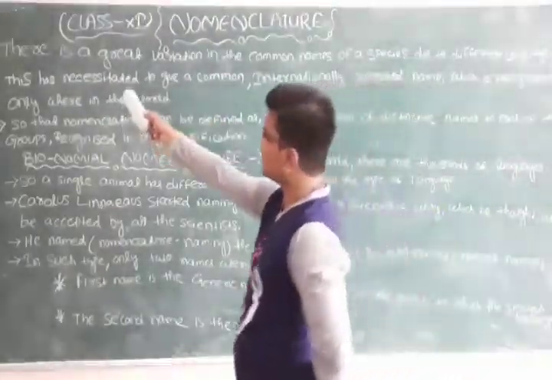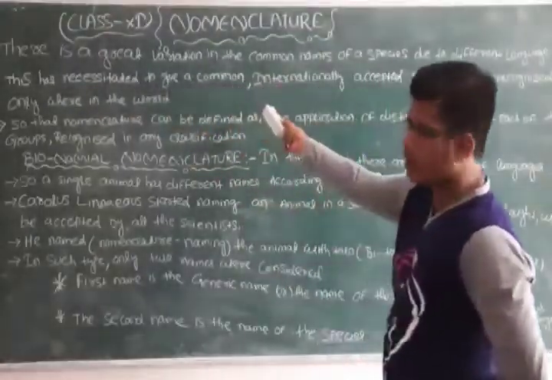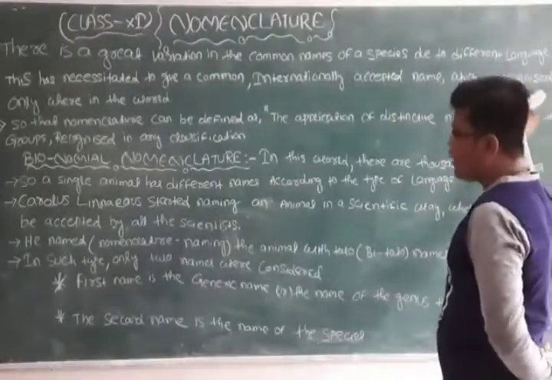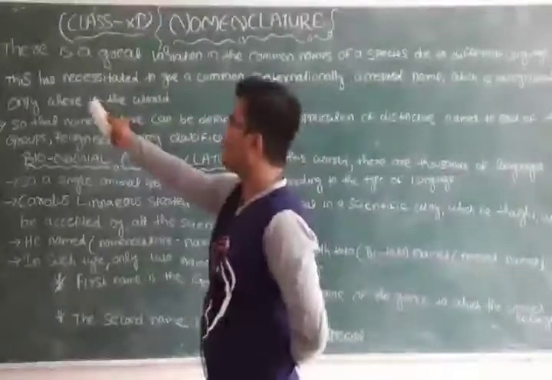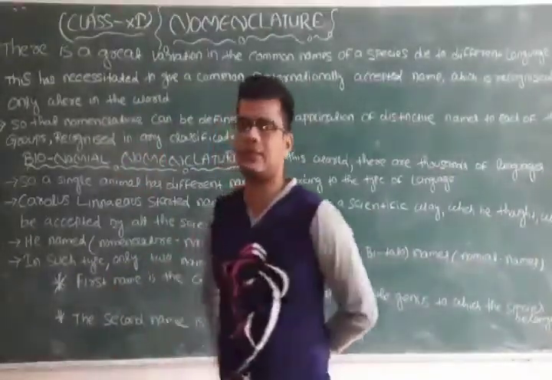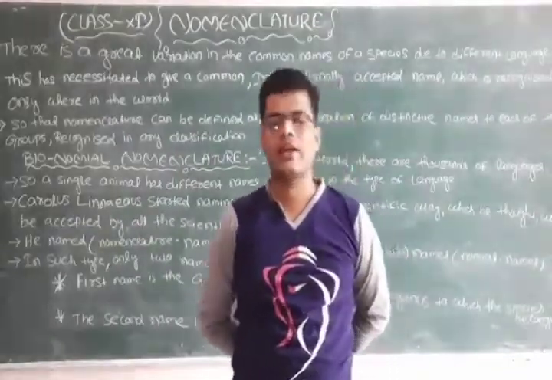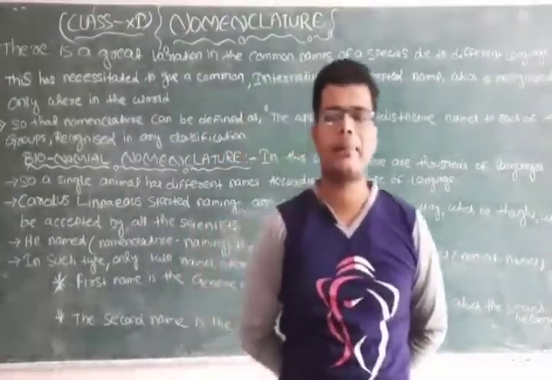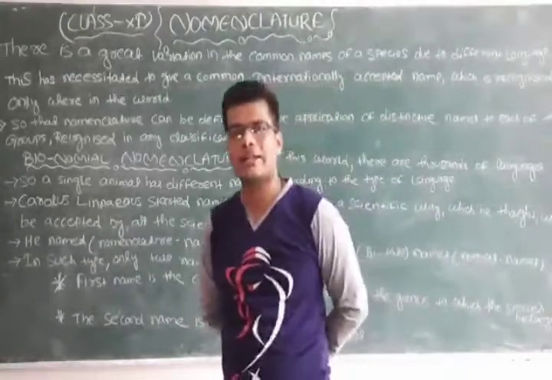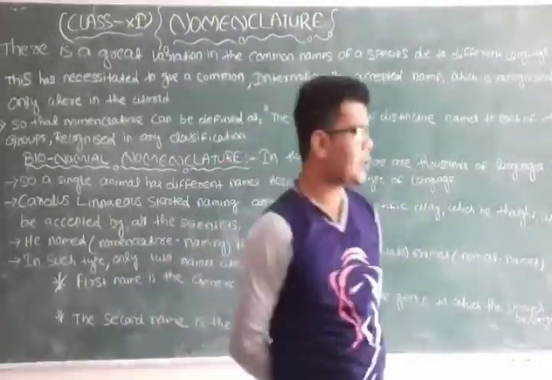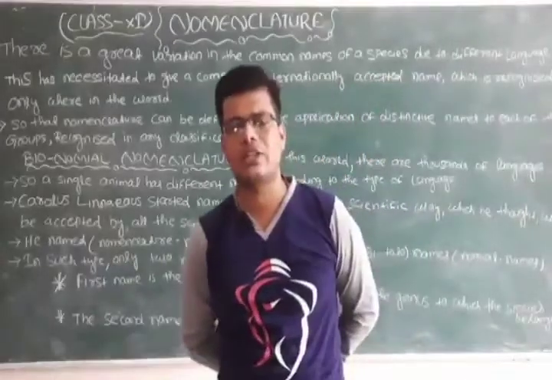So there is a necessity to give a common, internationally accepted name which is recognized everywhere in the world. Due to the different common languages, a person cannot identify a particular organism, because a particular organism has many different common names, so it is difficult.